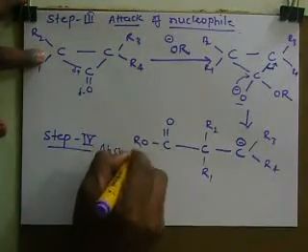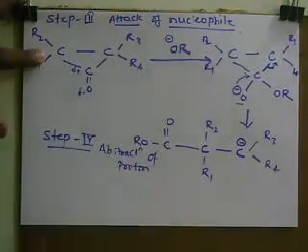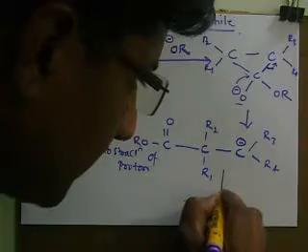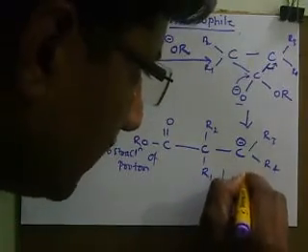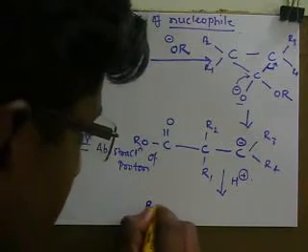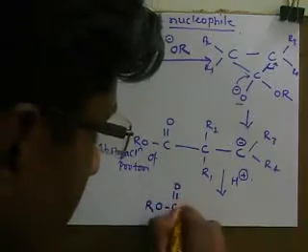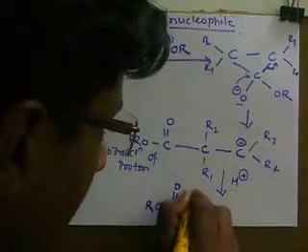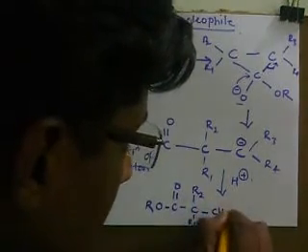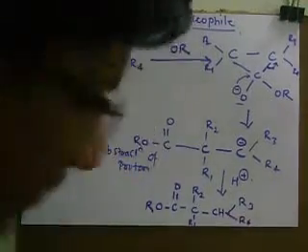Abstraction of proton from solvent, no doubt. It will take back one proton from solvent, and after addition of a proton, this structure is converted into RO, C double bond O, C, R2, R1, CH, R3, R4.